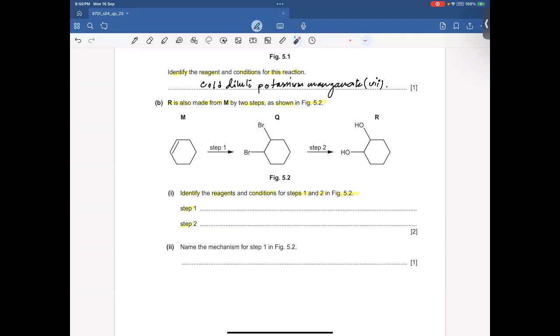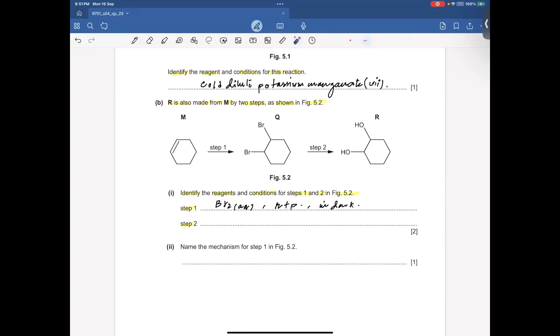So the reagent for step 1 is going to be aqueous bromine, and the condition is room temperature and pressure. Obviously in dark.